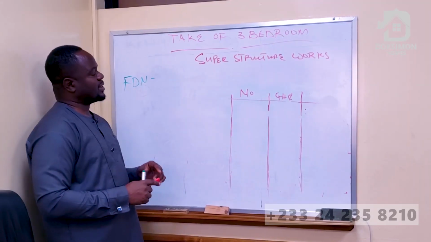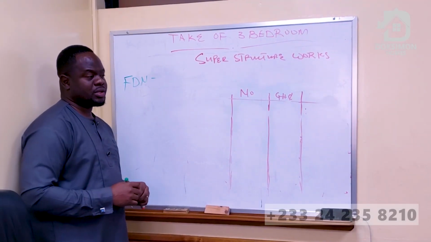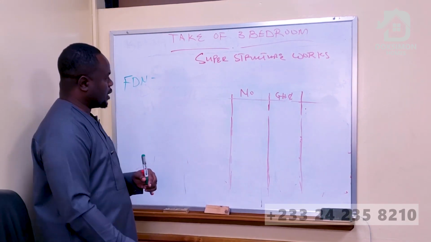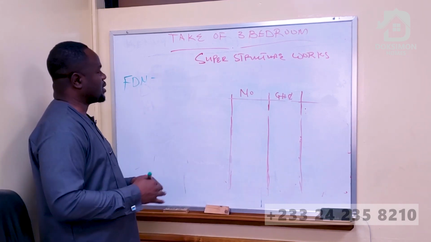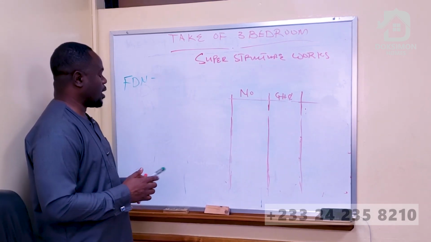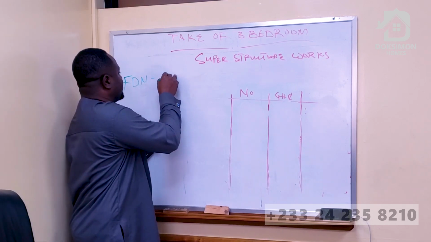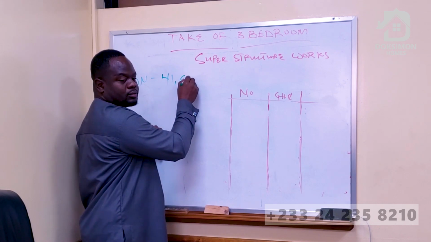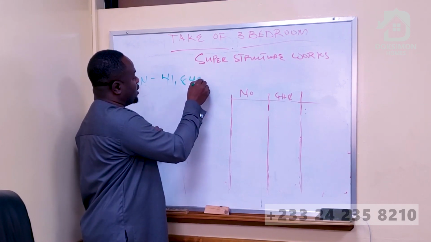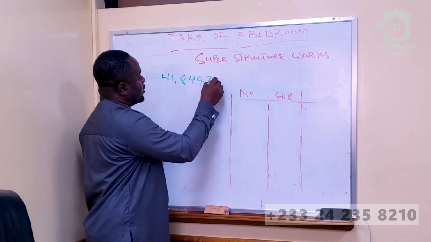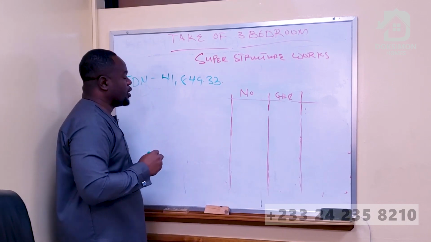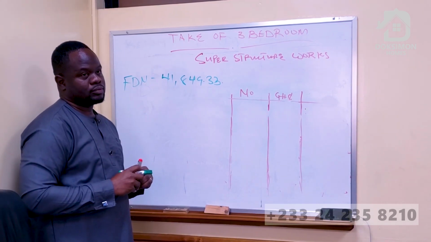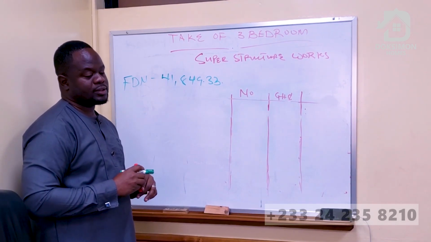In order to understand very well what has happened previously in a foundation, from the digging, the trench, and everything concrete that goes in, we are looking at an amount of 41,849 Ghana cedis, 33 pesewas, including waterproof painting, which wasn't mentioned.